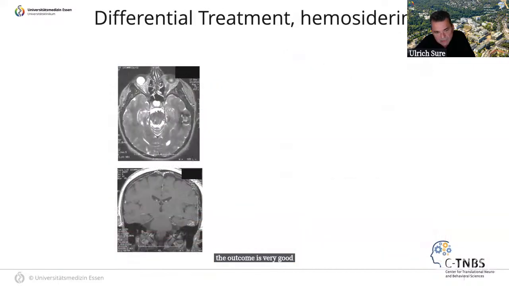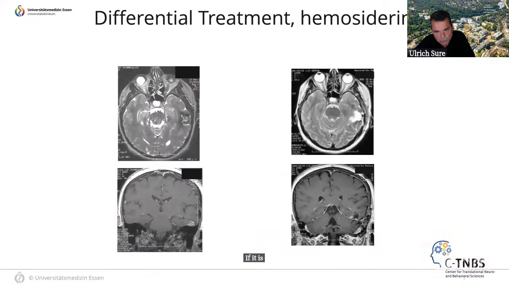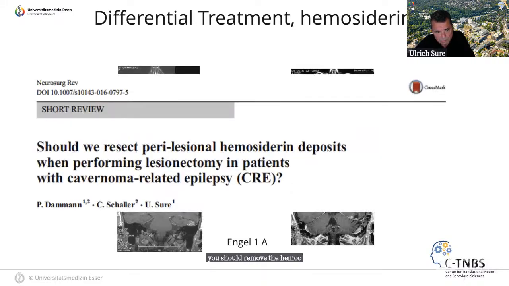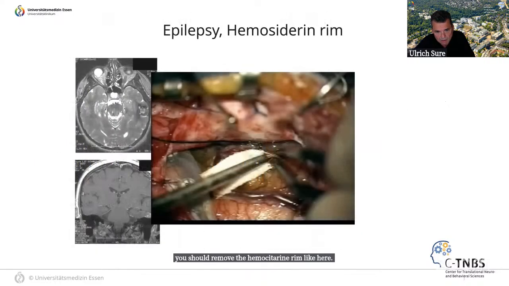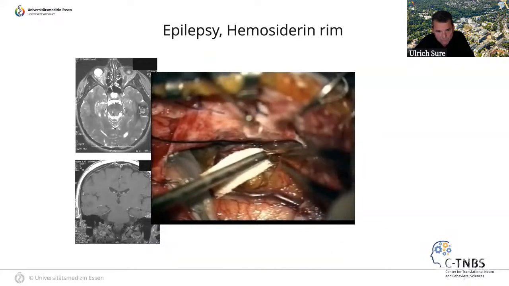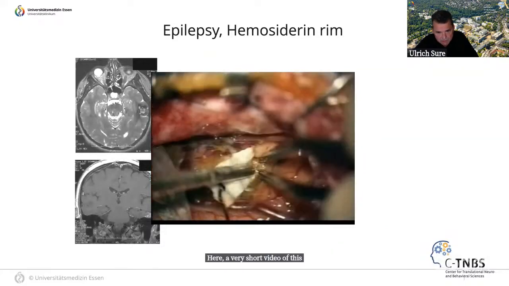And if it is possible, talking about the epilepsy, about cavernomas in non-eloquent regions like this one, you should remove the hemosiderin rim like here. Here, a very short video of this superficial, very easy case.